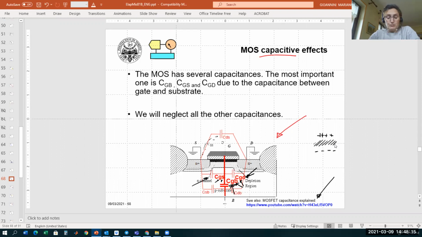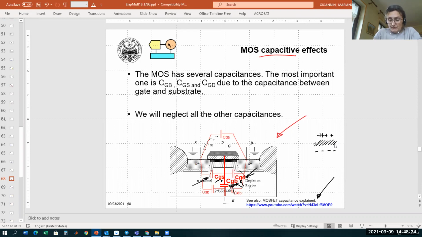It's a bit complicated to understand them, so if you're interested, you can have a look. Or just remember that we have these several different capacitances, and these are important.